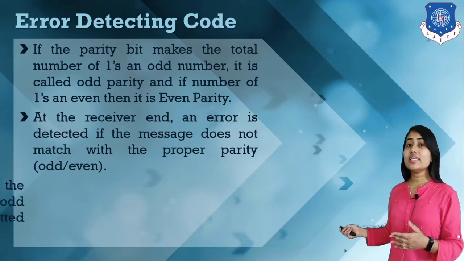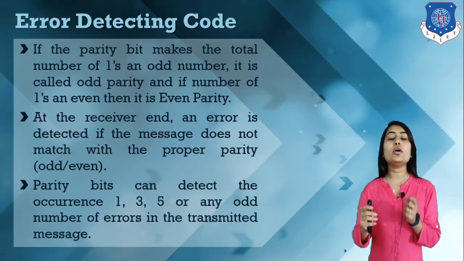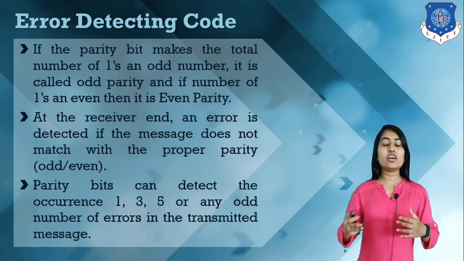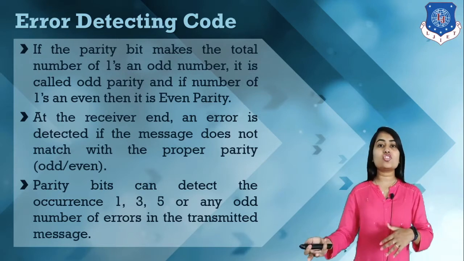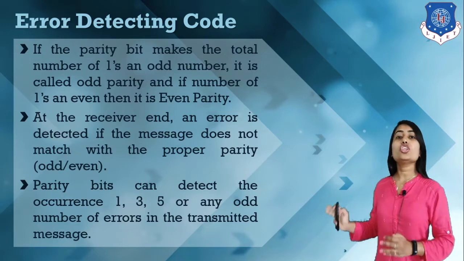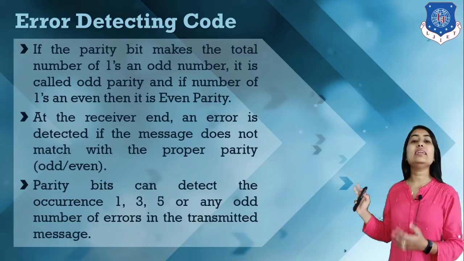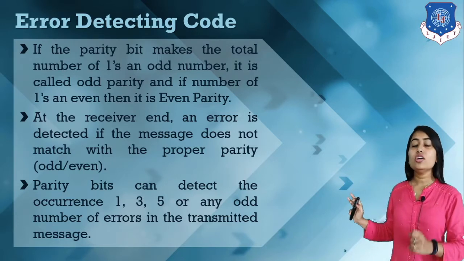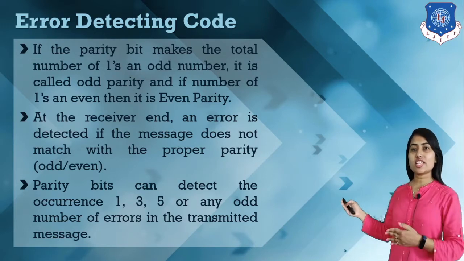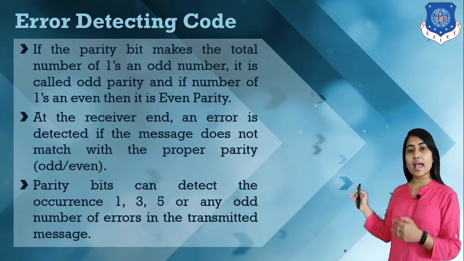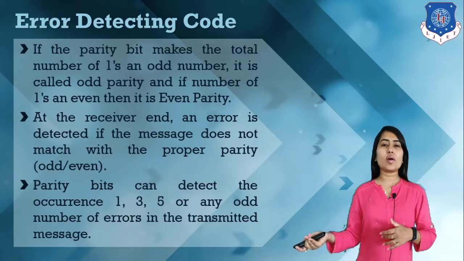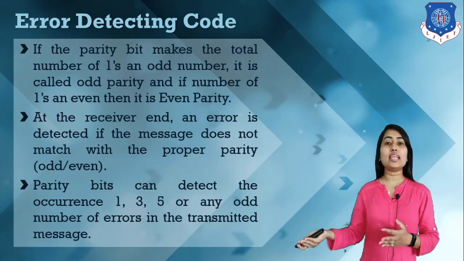It is possible to detect an odd number of bit errors, that means a single bit error, or a 3-bit change, or a 5-bit change. If we add one extra bit, the parity bit, along with the information, and a single bit error occurs, it is quite easy to identify that an error occurred.